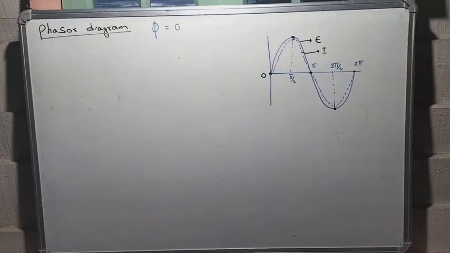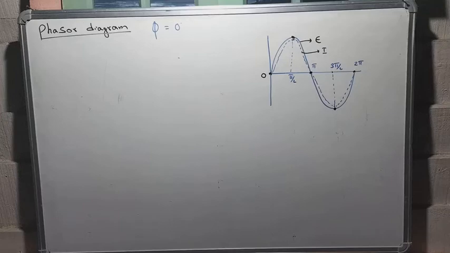Now, to represent the waves graphically when the two waves are out of phase, it becomes a little bit complicated. So in such a case, we use a new concept to represent the two waves when they have some phase difference between them.